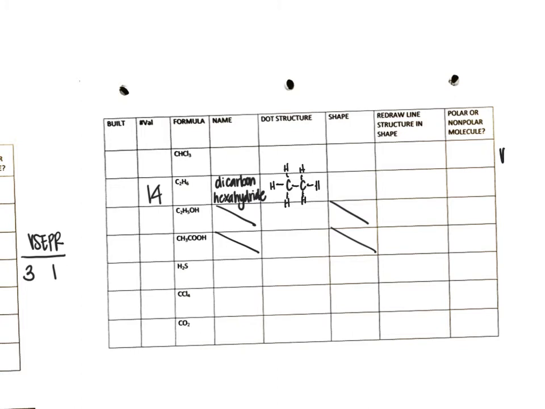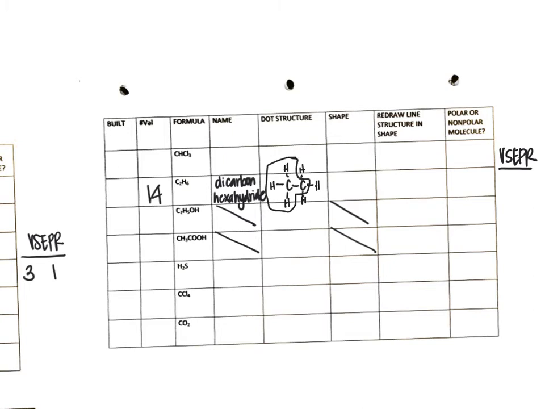Now, when we're determining our VSEPR shape, I want to see how many atoms are connected to the central atom. Well, in this case, I have 2. This is a mirror image, so whatever the shape is on one side is going to be the same as the other side. So I'm just going to choose one carbon to look at.